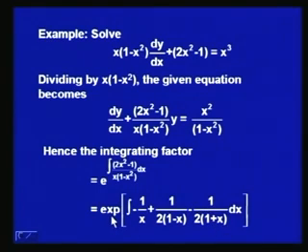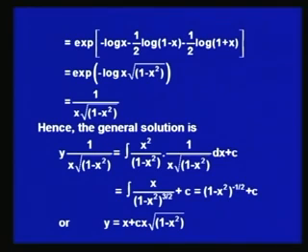We then integrate those functions and find the integrating factor as e to the power -log x - half log(1 - x) - half log(1 + x), which is equal to e to the power -log(x √(1 - x²)), which is also equal to 1/(x √(1 - x²)).